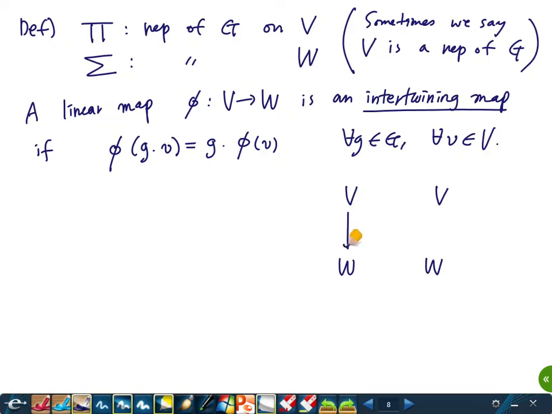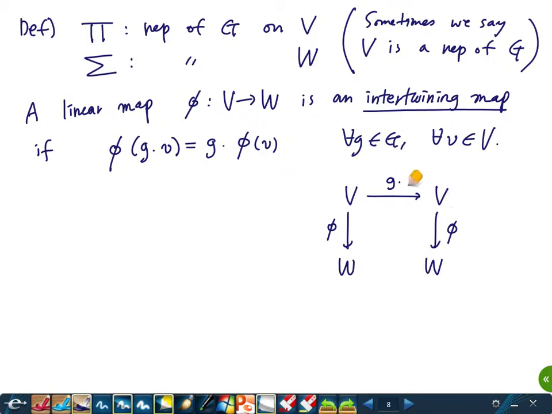There is a linear map, like phi, like that. And V is a representation. So we have a G action. So for every g, we can multiply g on V. Then we have g·v, which is an element here.